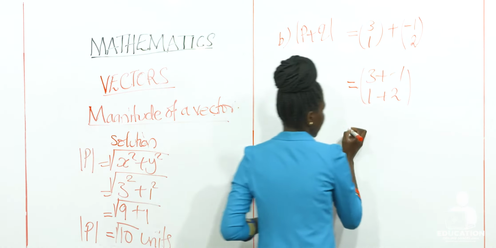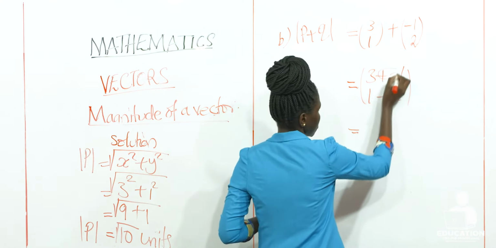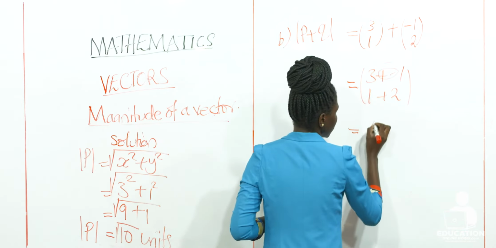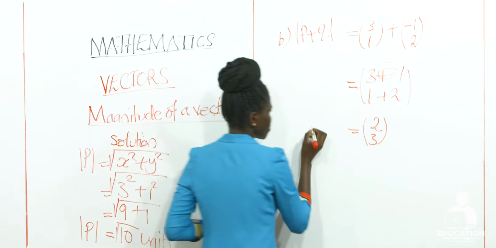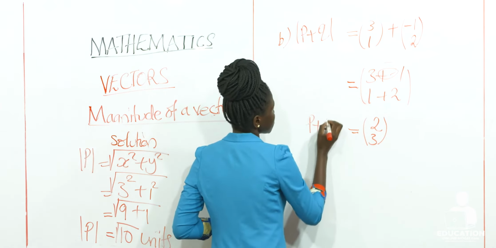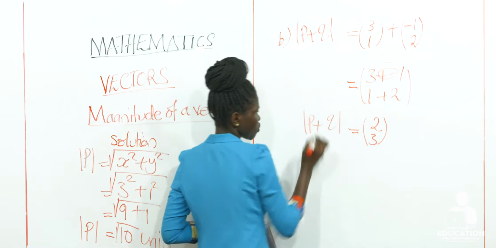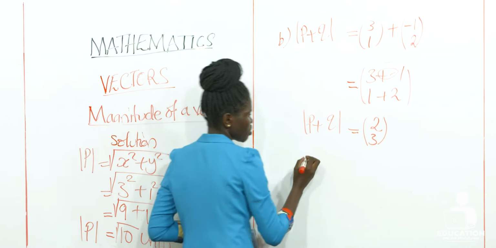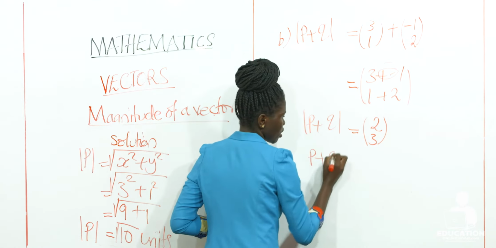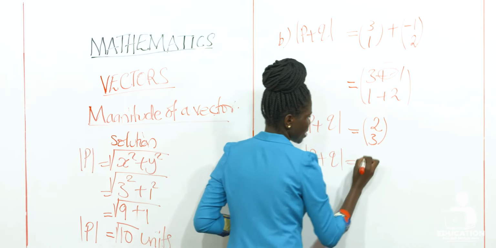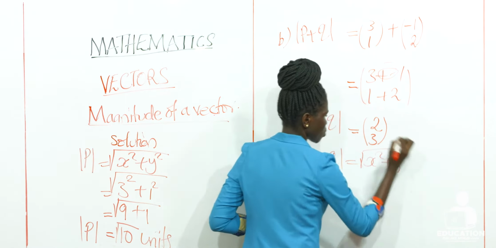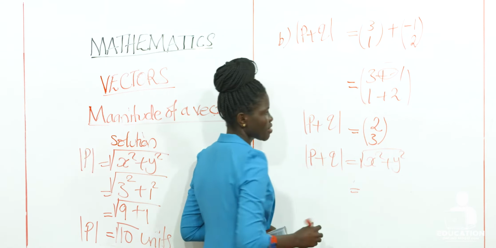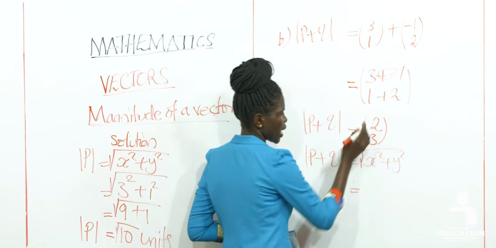When you continue with this, we shall have 3 minus 1 to give you 2, and 1 plus 2 to give you 3. So this is where we shall start finding the length of P plus Q. After having this, the length of P plus Q should give us the root of x squared plus y squared. But what's the value of x in this case? X is 2 and y is 3.